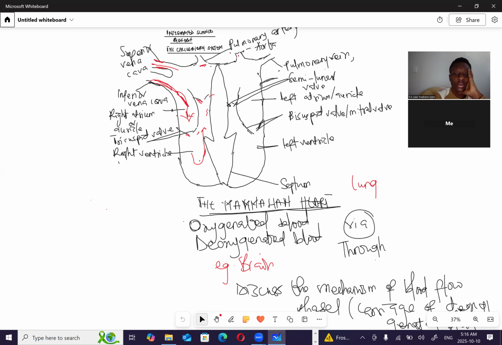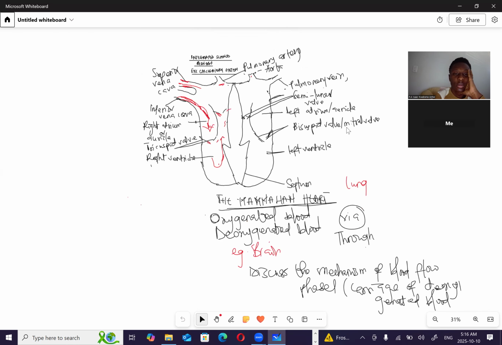Deoxygenated blood comes from the body into the right atrium from the vena cava. It moves from the right atrium to the right ventricle through the tricuspid valve. The right ventricle pumps the blood to the lungs through the pulmonary artery.